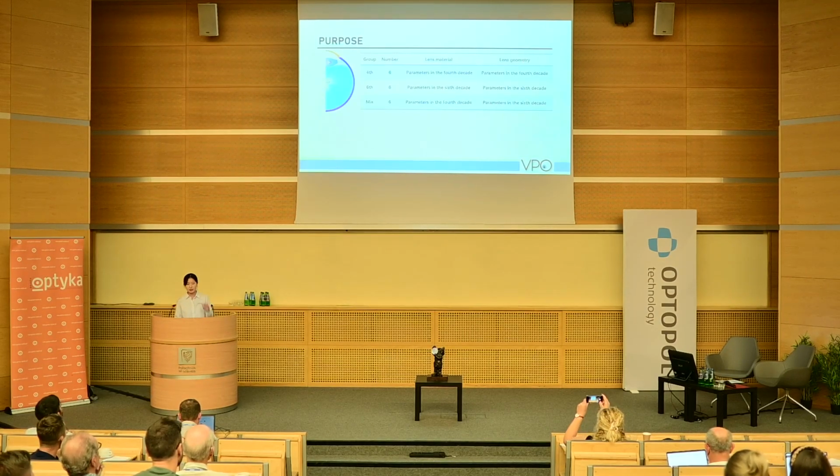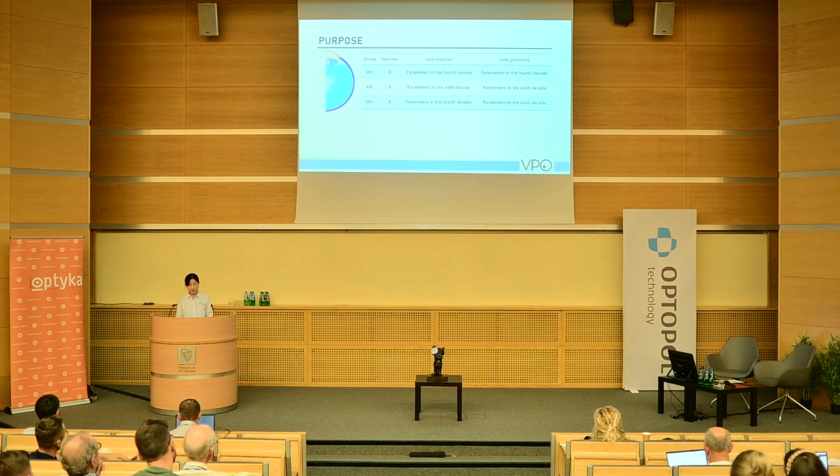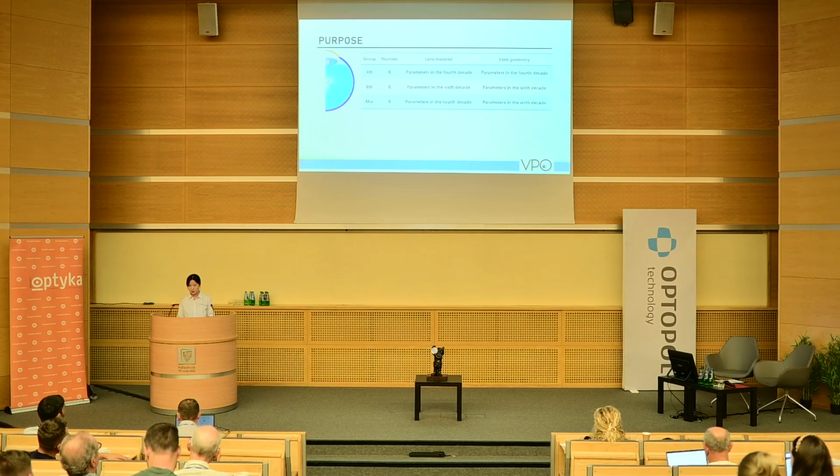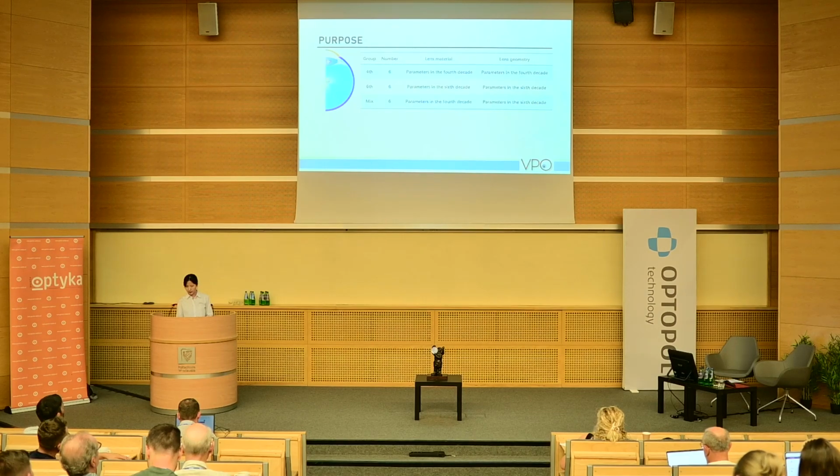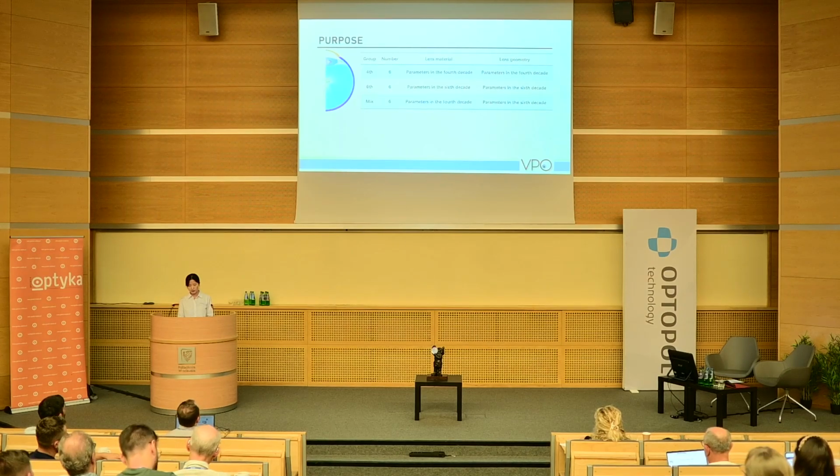To investigate those age-related changes, we developed a series of finite element models that simulate lens behavior during accommodation. And we divided our models into 3 groups based on age. The first group consists of lens samples from individuals in their 4th decade of life with material and geometric parameters that reflect this age.